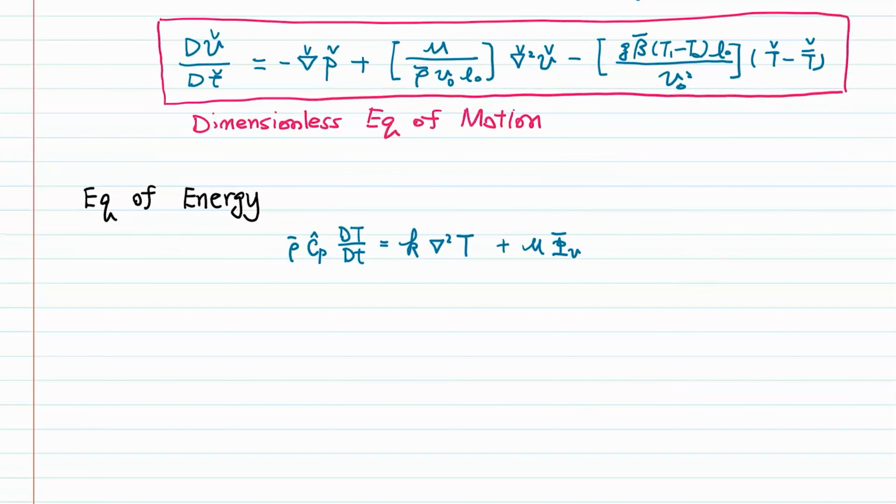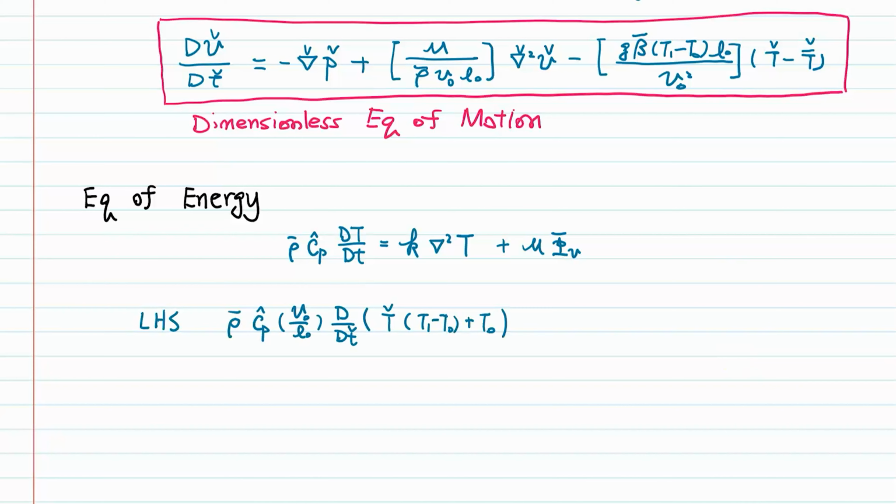So on the left-hand side, we have rho Cp, then we have V naught over L naught times d/dt times T, in dimensionless form: T1 minus T naught times T plus T naught.